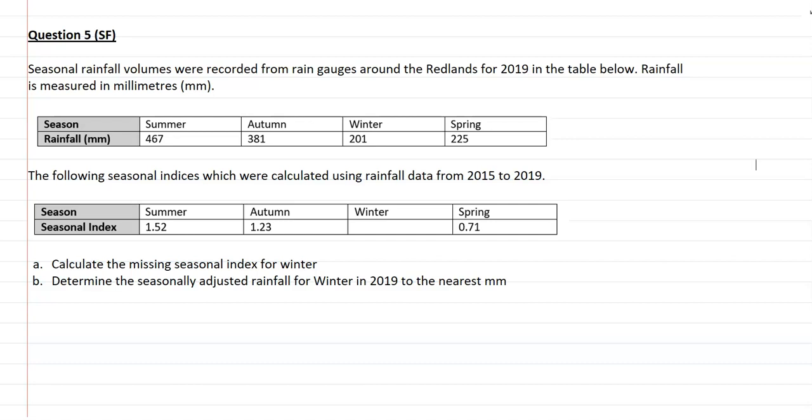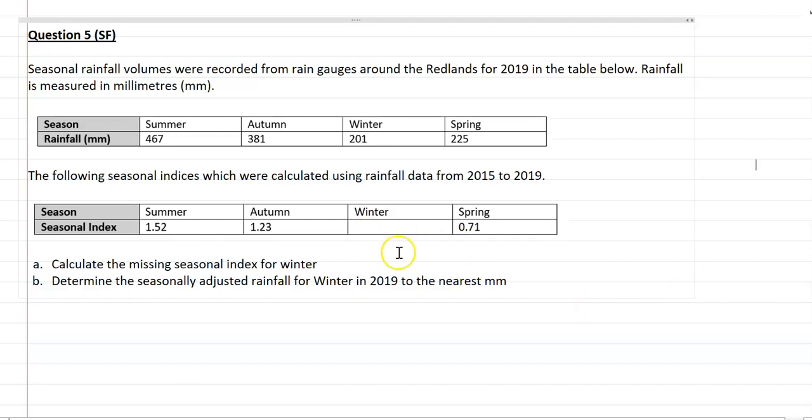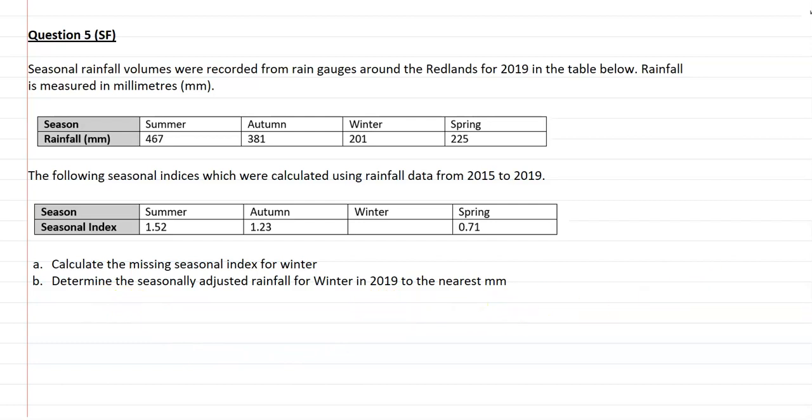You have to calculate the missing seasonal index for winter, and you can see it's missing. And then you have to determine the seasonally adjusted rainfall for winter in 2019 to the nearest millimetre. So have a think about how you can approach these two questions and give them a go.